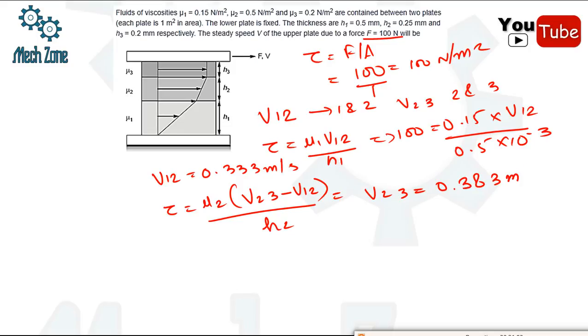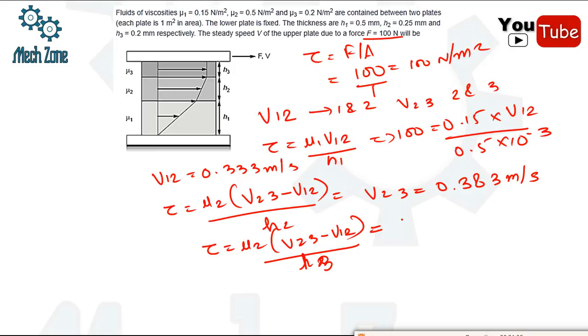0.383 meters per second. Now once again we apply this equation, tau is equal to mu3 into V minus V23, divided by H3.